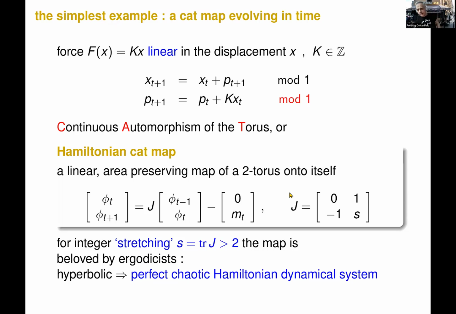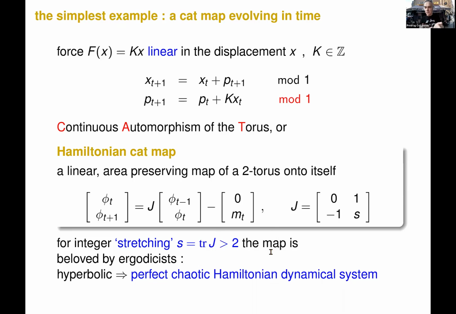And the only invariant left is the trace. And this trace is called a stretching factor. So if the trace is larger than 2, it turns out that this is a hyperbolic system. Easy to check. It's beloved by ergodicists. It's the perfect chaotic Hamiltonian dynamical system.